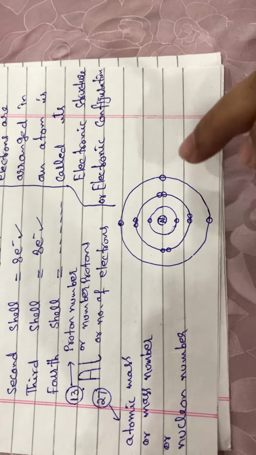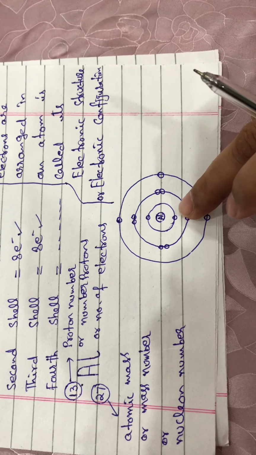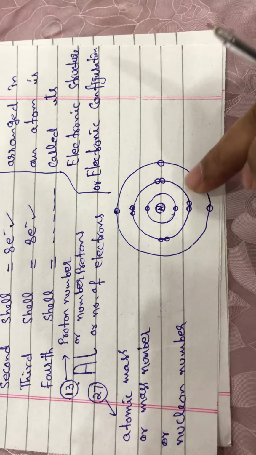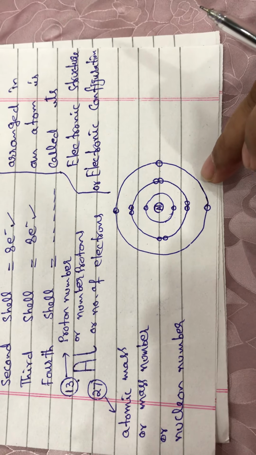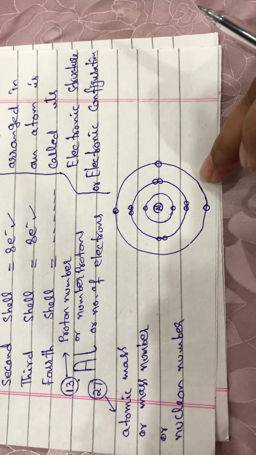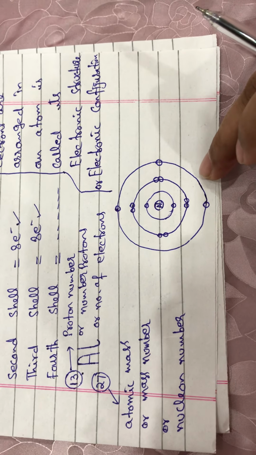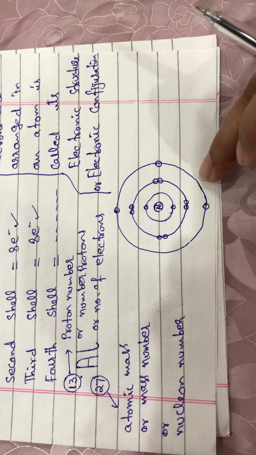It means the first shell of aluminium contains 2 electrons, the second shell contains 8 electrons, and 3 electrons will come in its third shell. In this way we can draw the electronic structure of the rest of the elements in the periodic table.